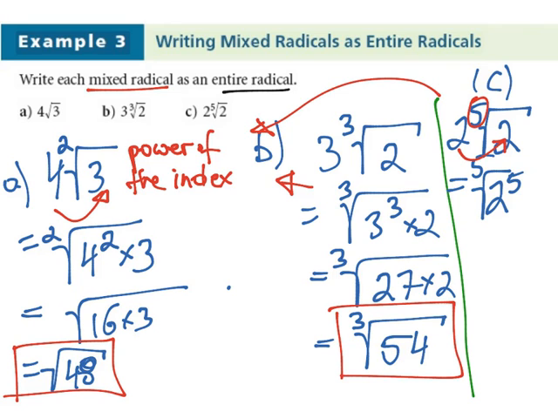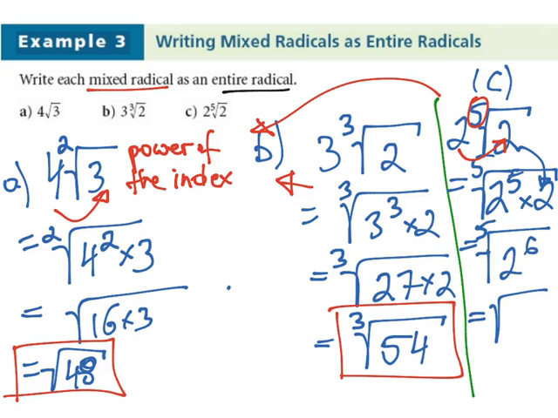And don't forget to multiply by the 2 that's remaining. So in this case, we have 2 to the power of 5 times 2, which is basically 2 to the power of 6. On your own calculator, you could calculate 2 to the power of 6 by pressing the right buttons, of course. And the answer is 64. That means root, the index of 5, 64.